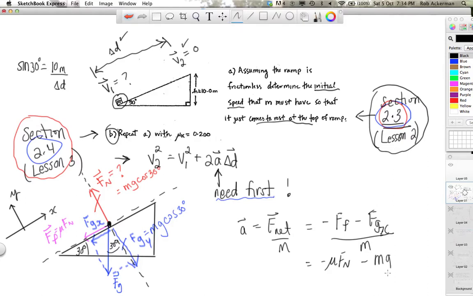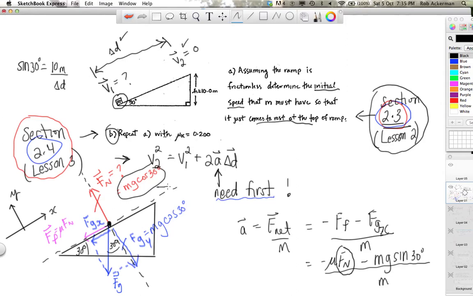FGX, that is what? mg sine of 30 degrees. Again, go back to section 2.3 to see why. Divide this by the mass. And finally, what do you put in for Fn? Well, it's what we realized here. Fn is equal to mg cos 30.